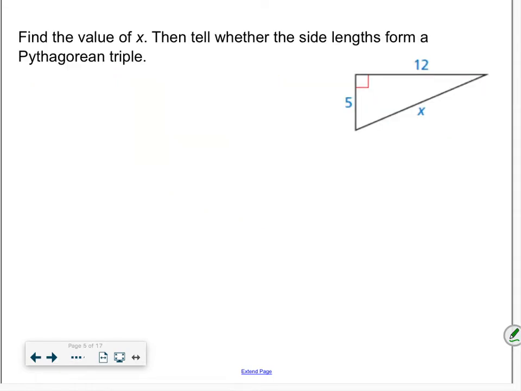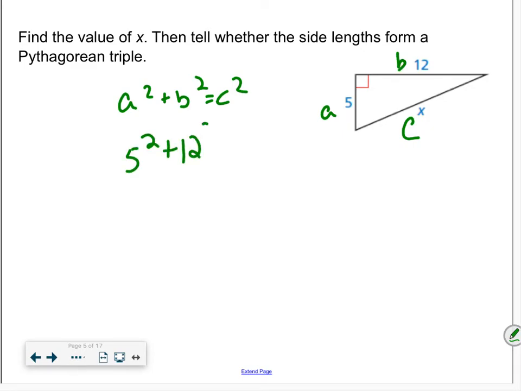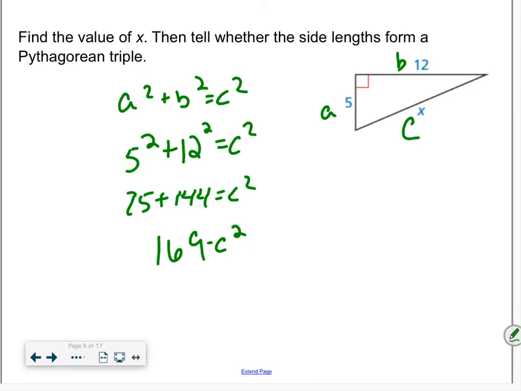So for our first problem, we're going to find the value of x, and x is the hypotenuse, so I'm actually going to call it c. And once we do that, we're going to decide if this is a Pythagorean triple. So I'm going to put it into a squared plus b squared equals c squared. I'll call this side a and this side b. Doesn't really matter which one's which. So we have 5 squared plus 12 squared, and that's supposed to be equal to c squared. 25 plus 144 is equal to c squared, and we're getting 169 equals c squared.